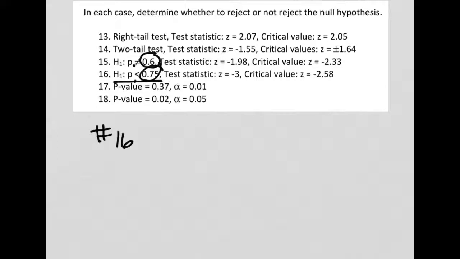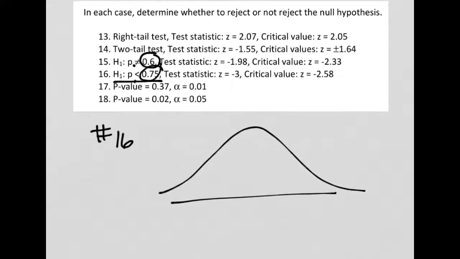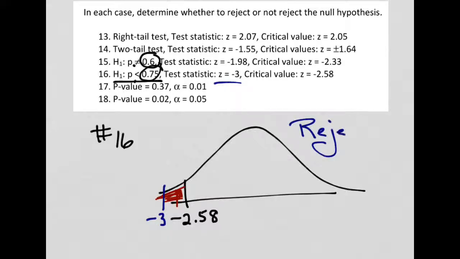In this case, we're doing a left tail test. And our critical value is negative 2.58, and so rejection area, and test statistic is -3, so that's going to fall further in here, and now we will reject the null hypothesis for that one.